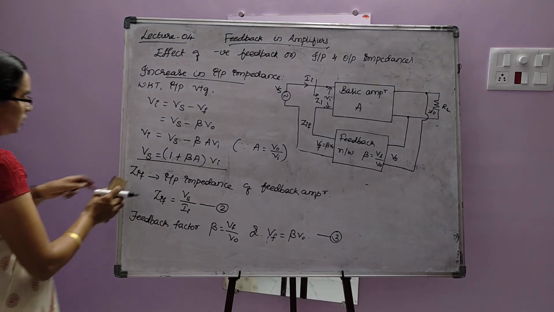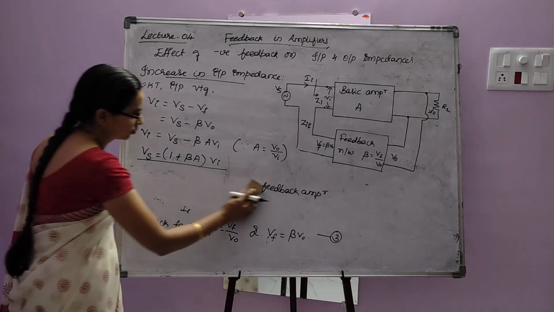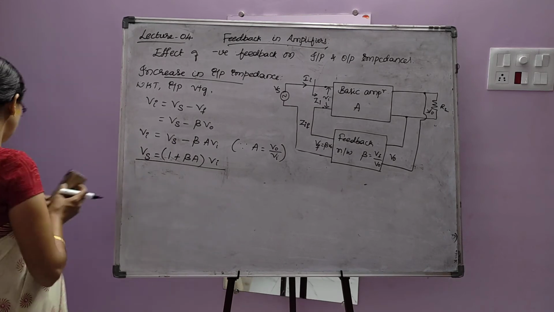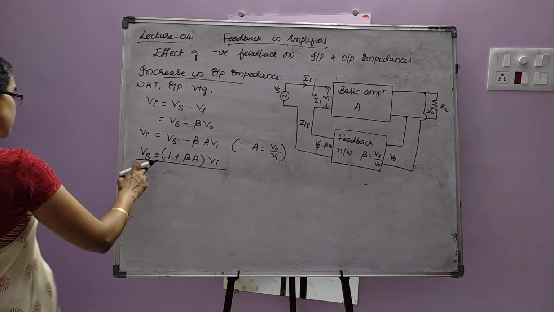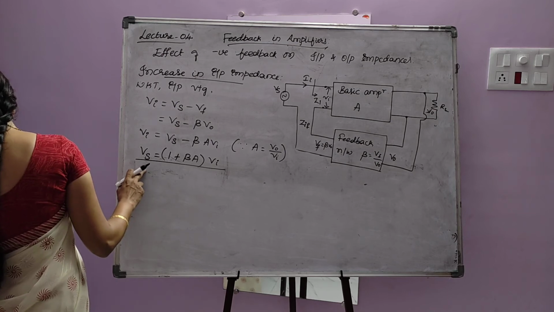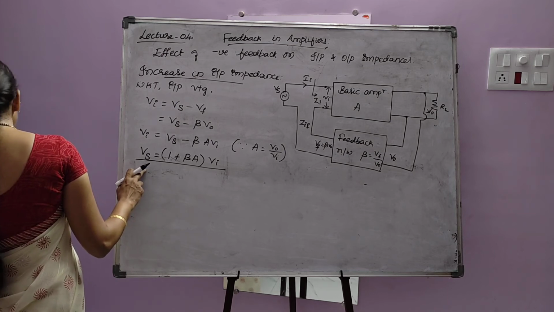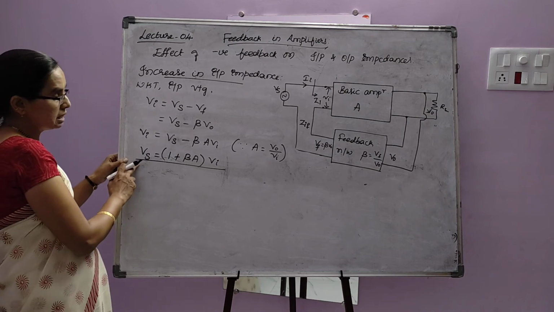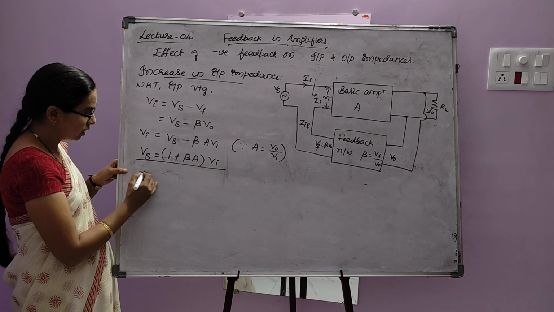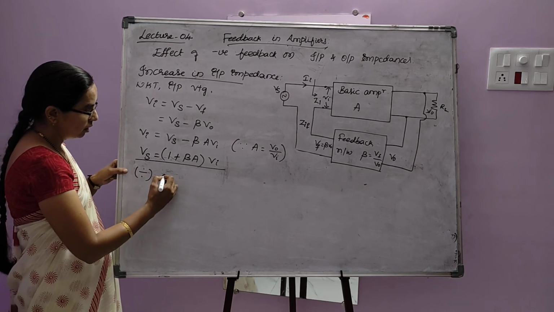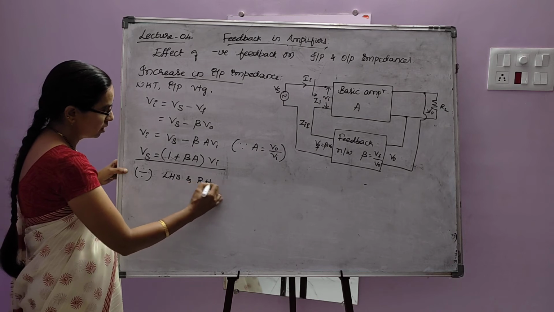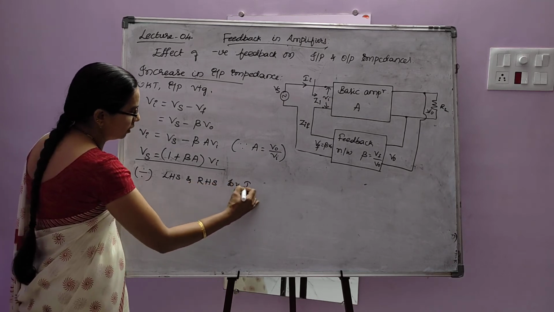So in this expression, either you can substitute this in equation number 2, then also you will get the answer, or you can do it another way. Divide LHS and RHS by Ii.